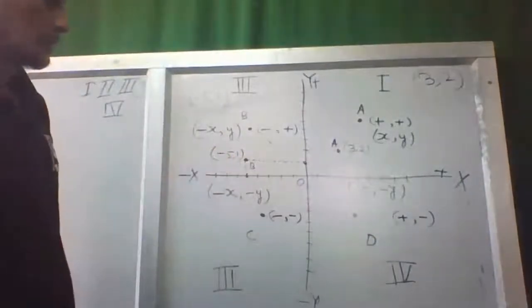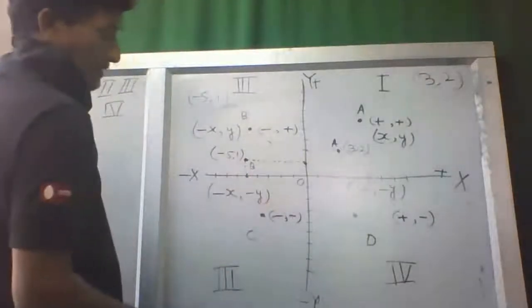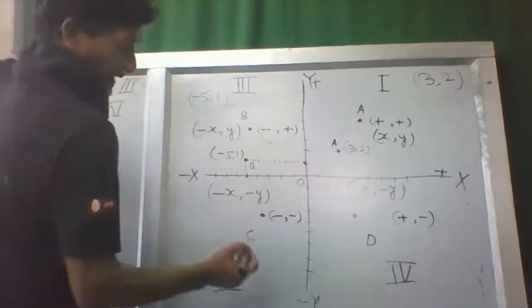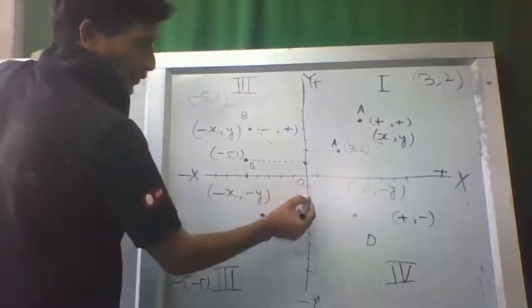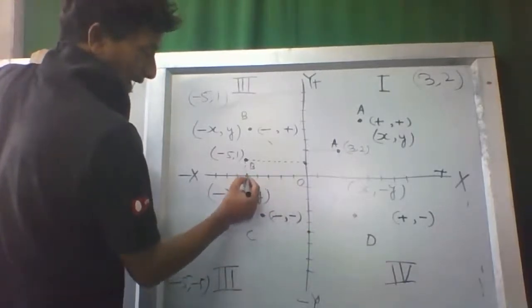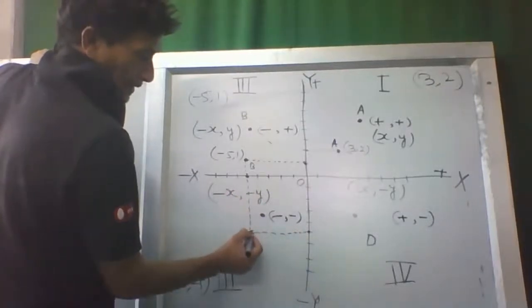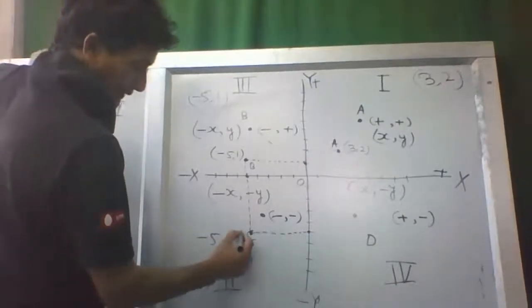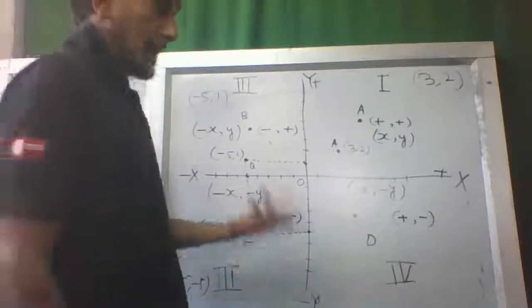In the third quadrant, if there is -5, -5, then 1, 2, 3, 4, 5 on both axes. I will drop down a perpendicular where they meet at the C point. This is -5, -5.